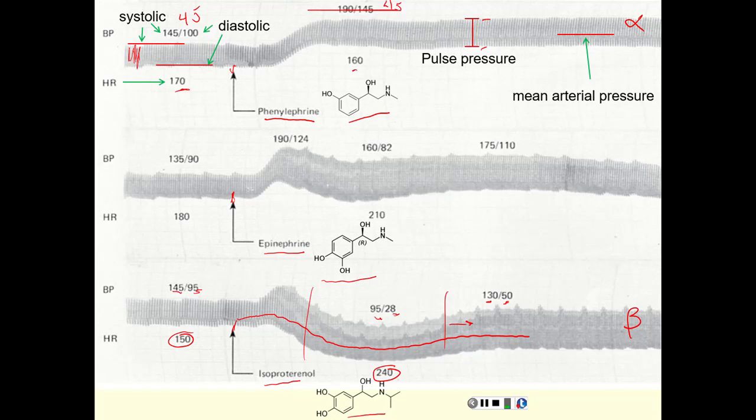If we look at phenylephrine, one of the most notable things is that all these pressures increase. Systolic increases, diastolic increases, mean arterial pressure increases. What would you think that would indicate this drug is doing? What's the primary target of this drug effect?